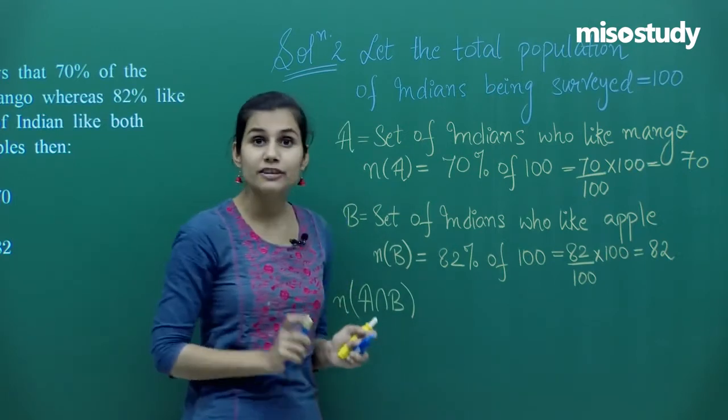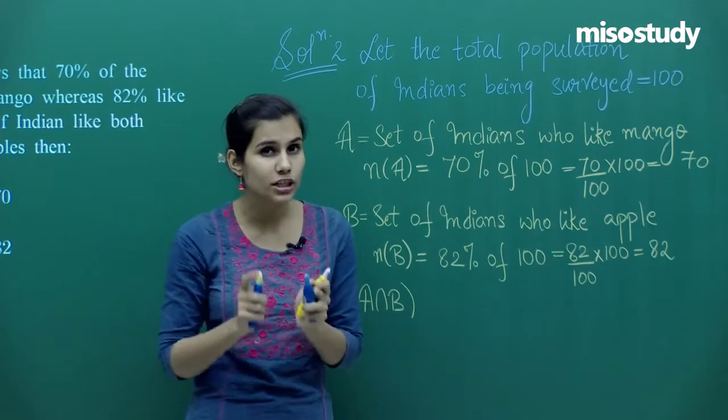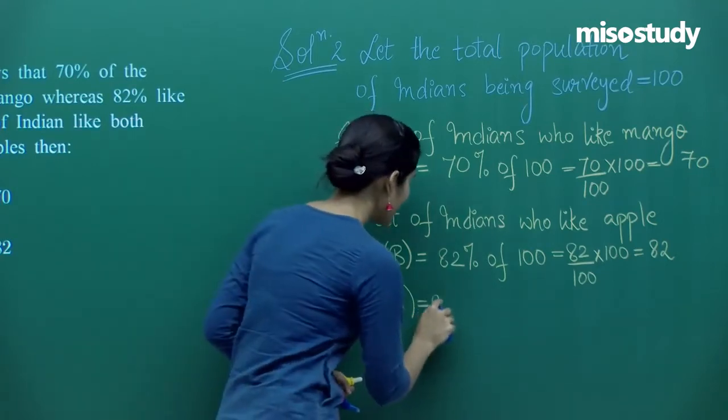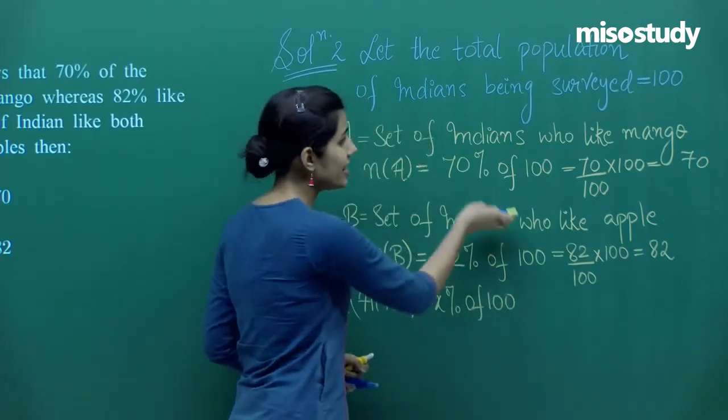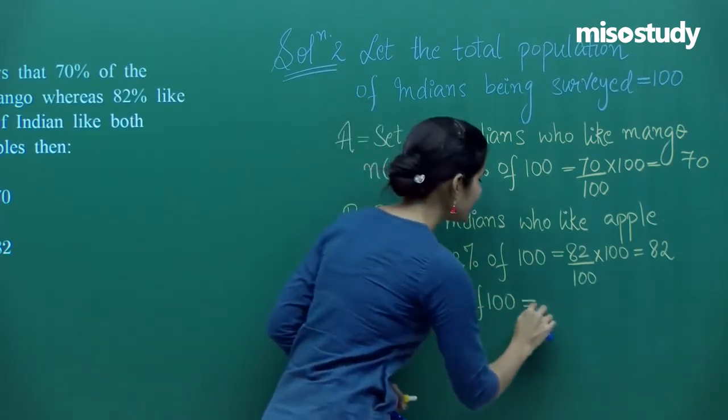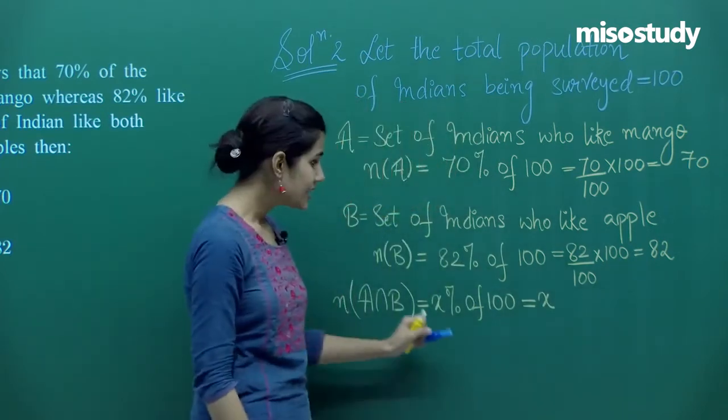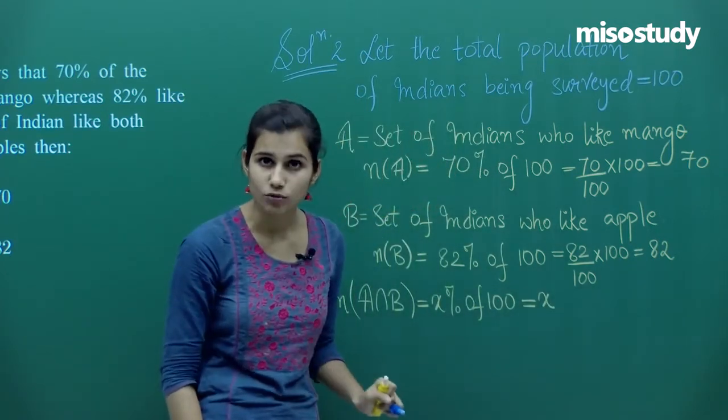And this number is given to be X% of the total population. So this is X% of 100, and by the very similar format, you get this equal to X. This is what you have to find out.